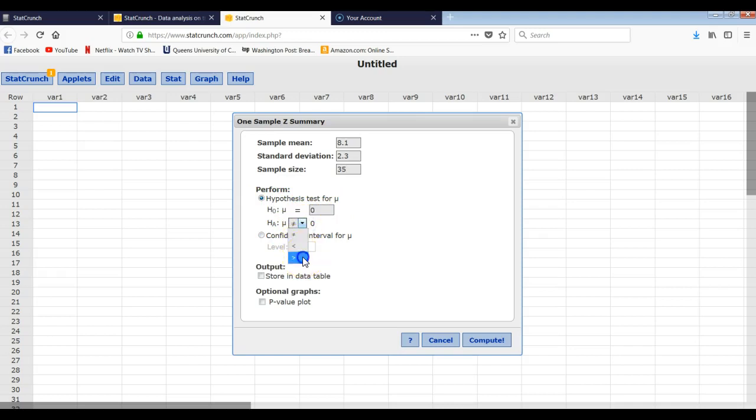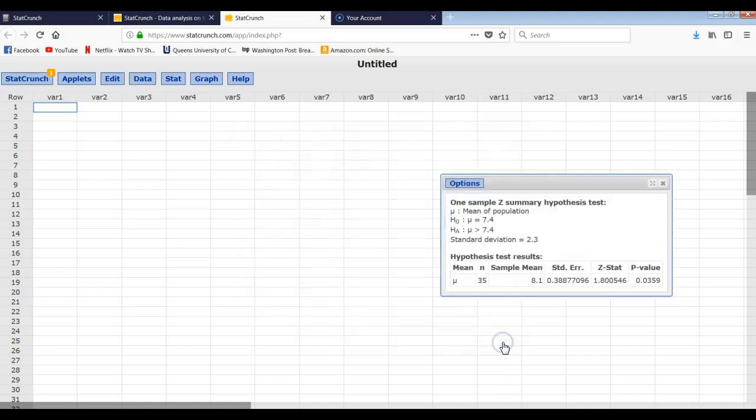We had a greater than alternative hypothesis, and our hypothesized value here was 7.4. So we just plug in our sample mean, standard deviation, sample size, and then make sure you type in the right value here. For the hypothesized value, pick greater than, less than, or not equal to, and then hit compute.